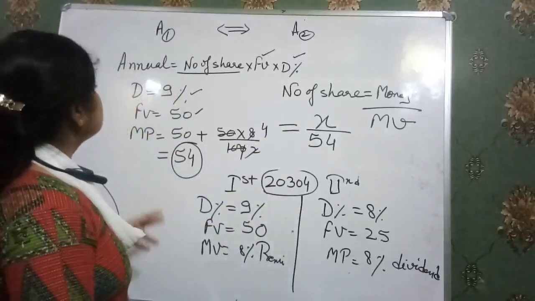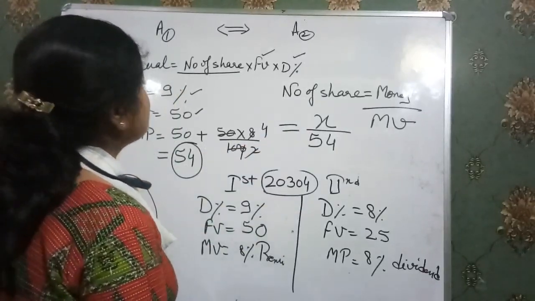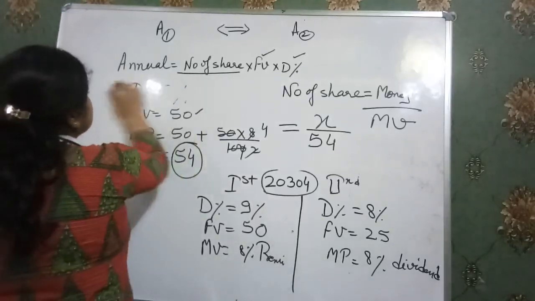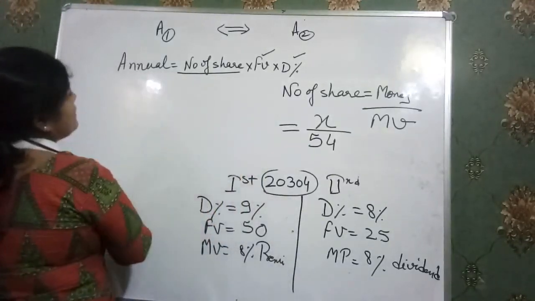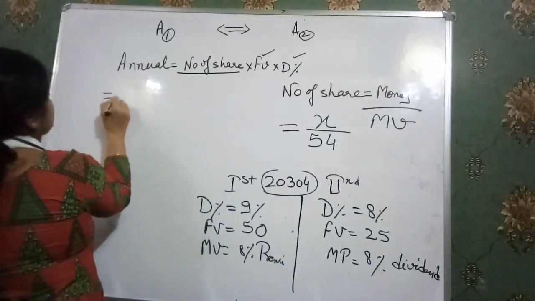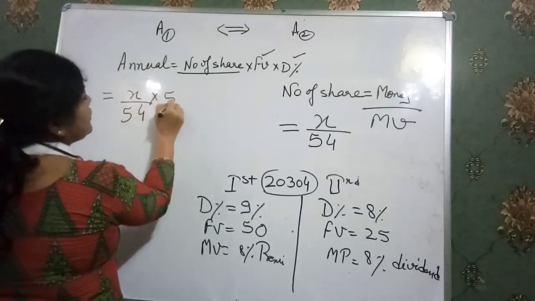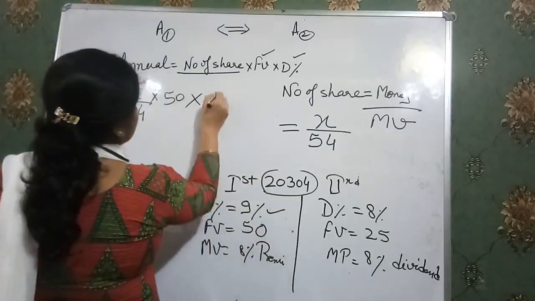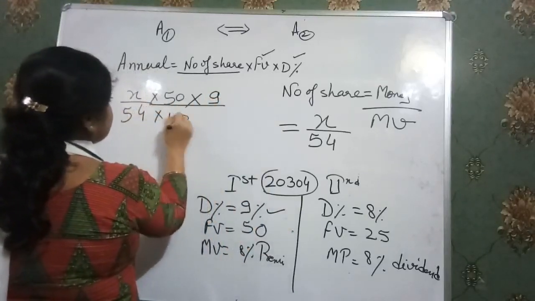Clear? So we have to find the annual dividend the shareholder received from this company. So annual dividend is equal to number of shares, that means x over 54, into face value 50, and dividend percent in this case is 9 over 100.